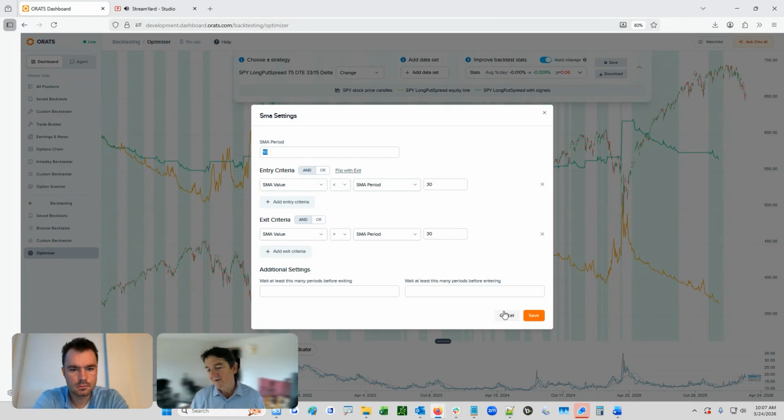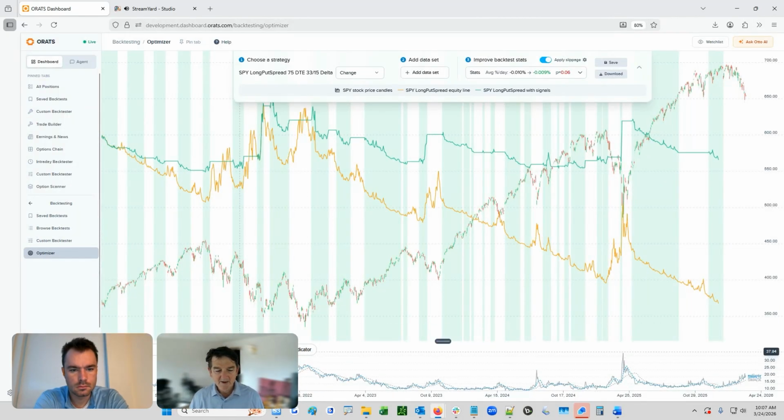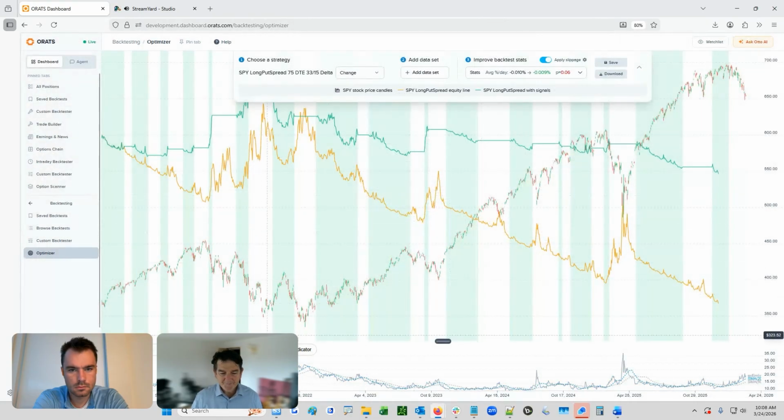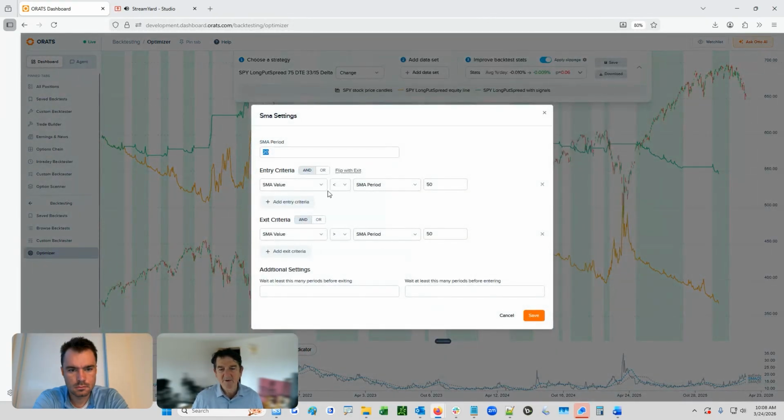So I'm going to take this out and put an indicator in here. I want a longer term SMA, a moving average, and let's see if it did it the right way. No, this is getting in when it's underneath, and we'll explain why that happens. But I want it to be over and get out when it comes back down.